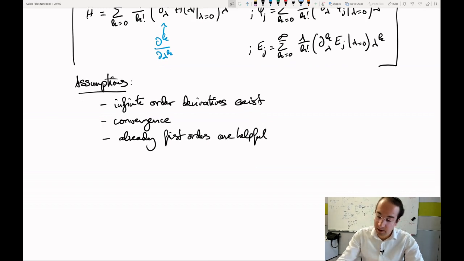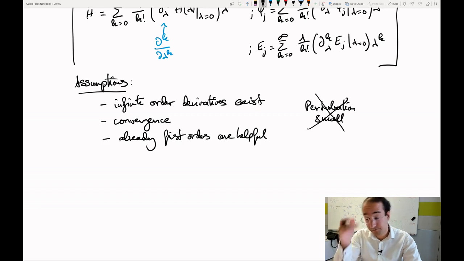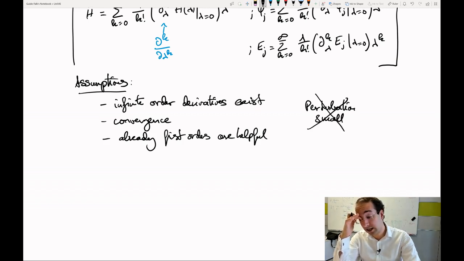Most importantly, there's no strict requirement that this perturbation is small. So that's not a requirement. From a practical perspective, it does make sense because a small perturbation increases the likelihood that the first few orders are already explaining it. But in this formal derivation, there's no requirement whatsoever that this perturbation needs to be small.